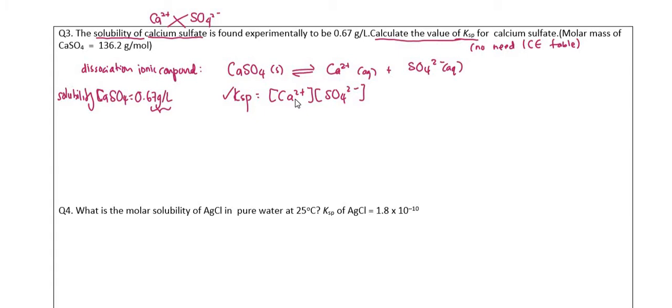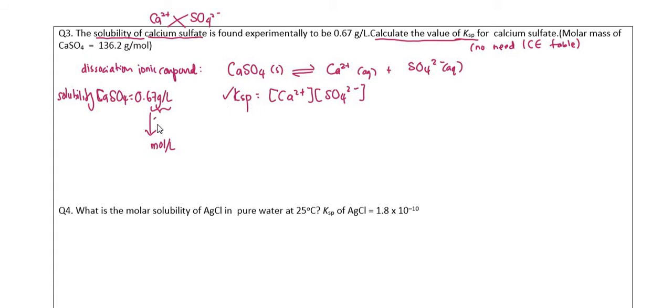The unit is mole per liter, but now in your hand you have unit gram per liter, so you have to convert first into mole per liter. After you get into unit mole per liter, then you insert into the Ksp expression.